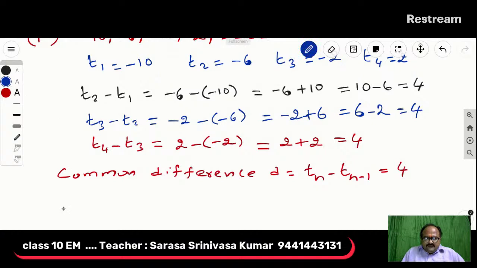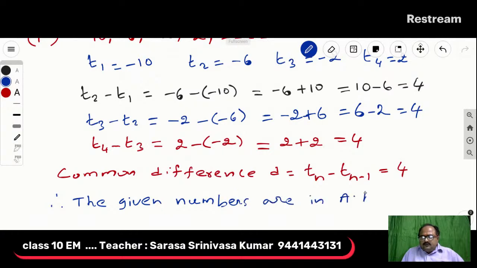Therefore, the given numbers form an arithmetic progression. We write this step. The given numbers are in arithmetic progression.